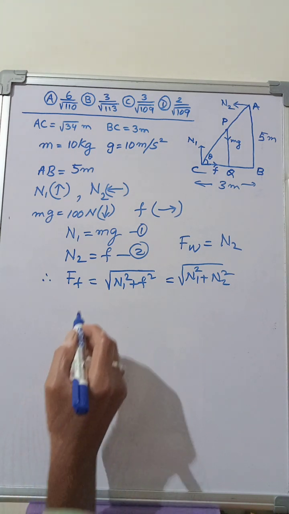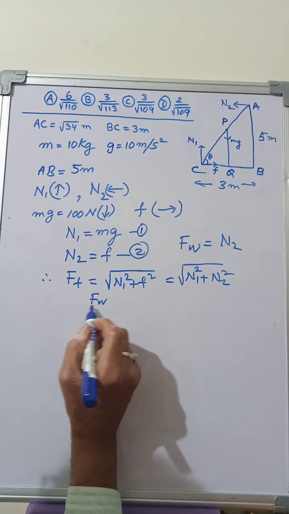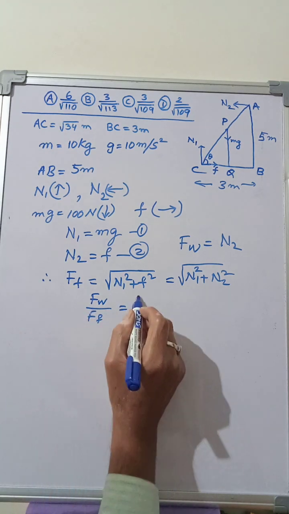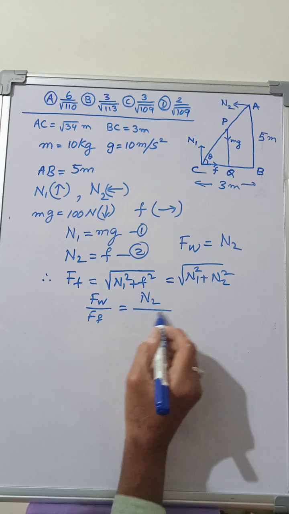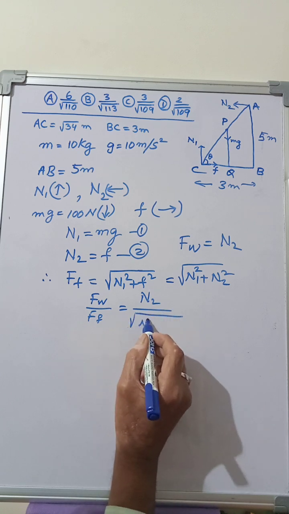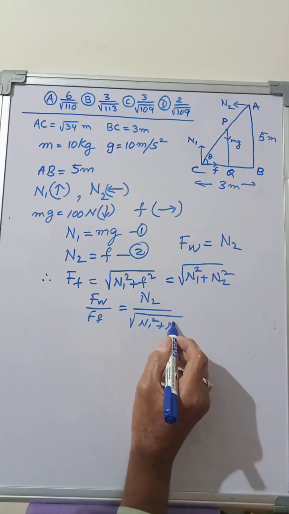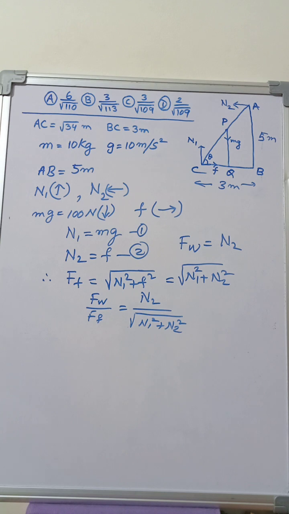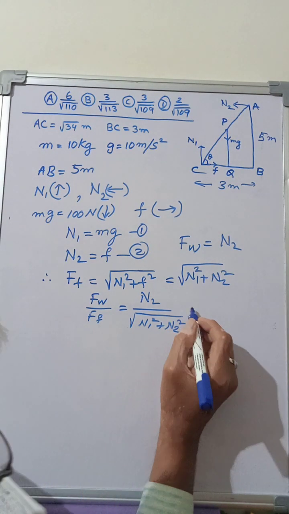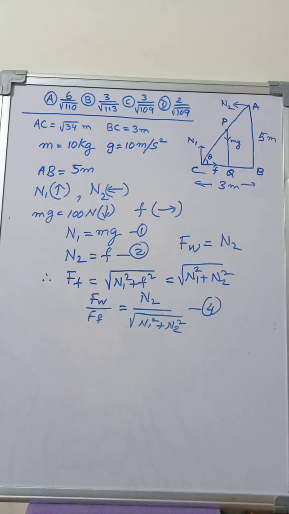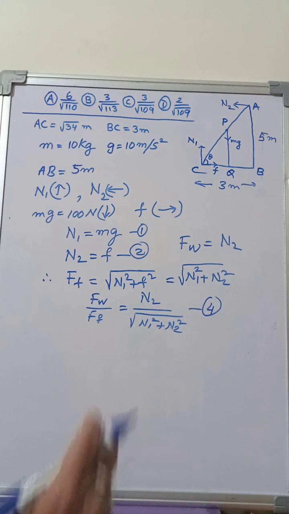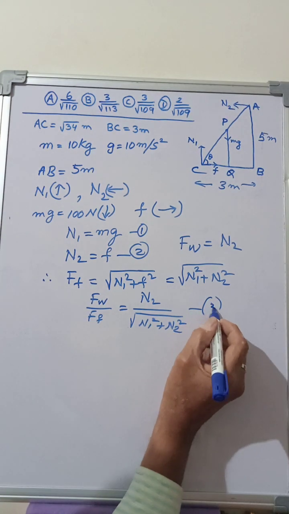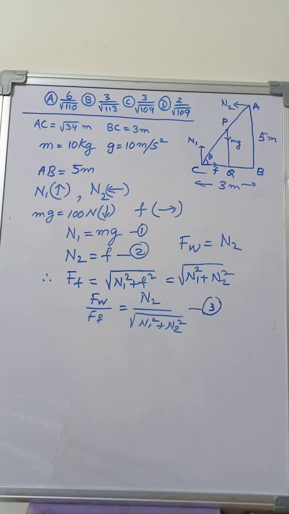Therefore, the required ratio Fw by Ff is equal to N2 divided by root over N1 square plus N2 square. We'll mark this as equation 3. We'll keep these equations and remove everything else.